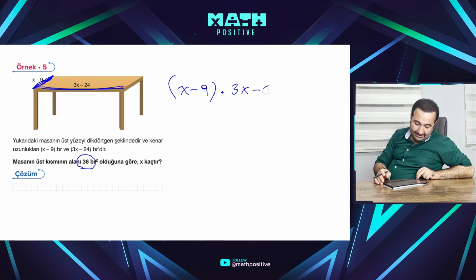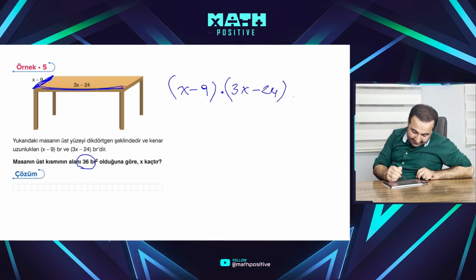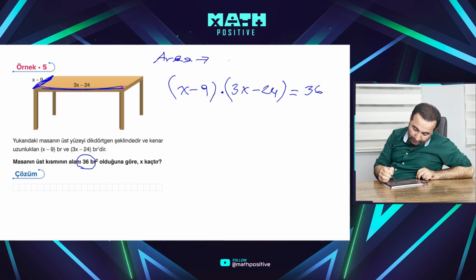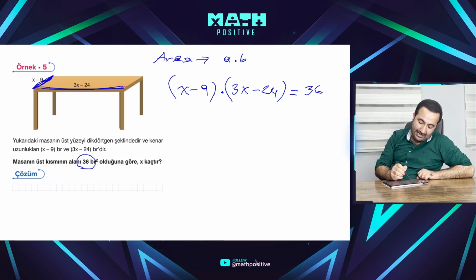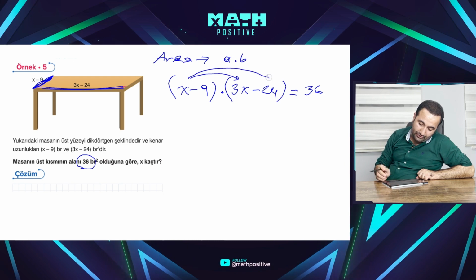Then it is x minus 9 times 3x minus 24 equals 36. The area of a rectangle is the product of two edges.